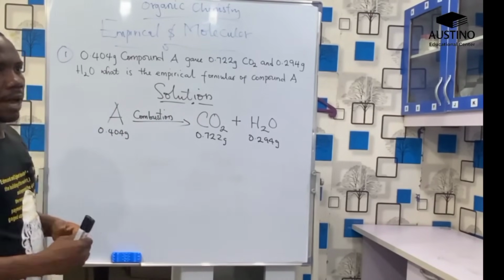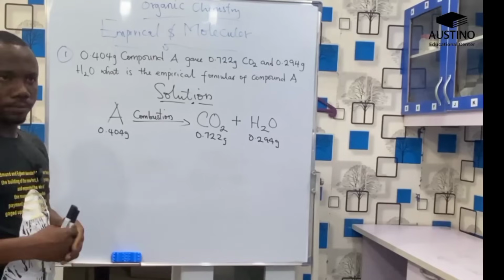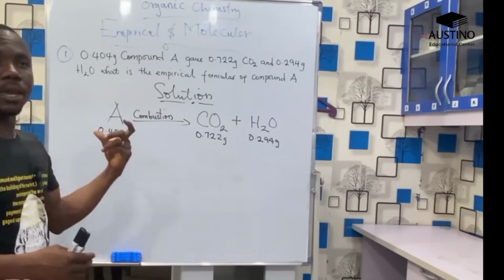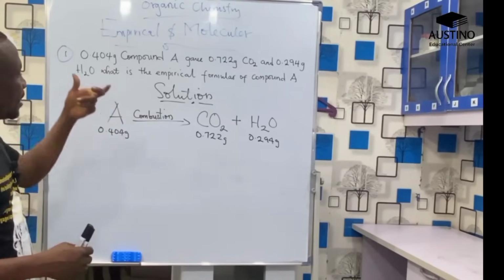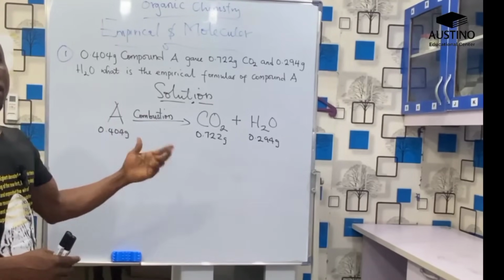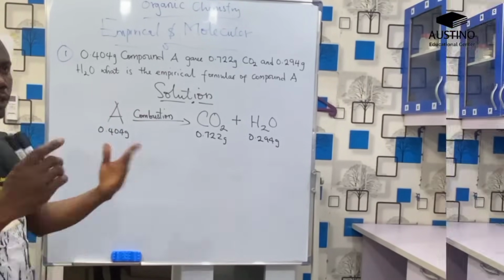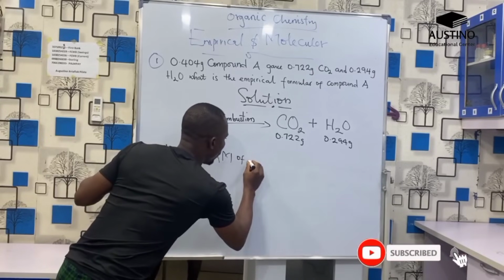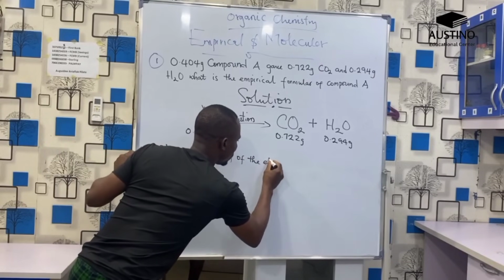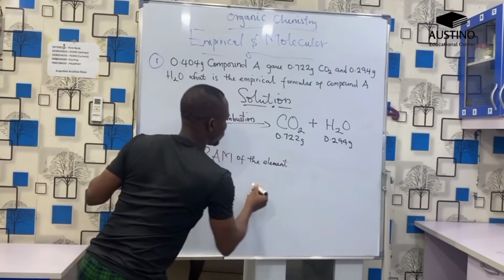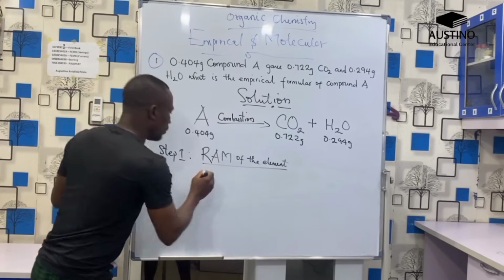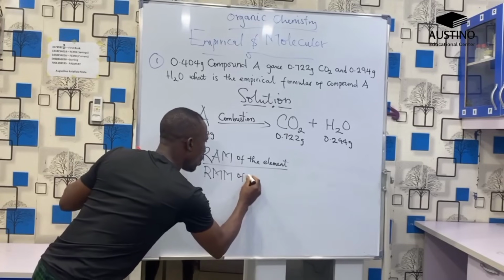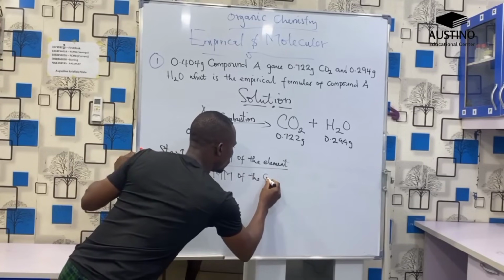From our previous video, we emphasized that for us to be able to get the empirical formula, there are three basic steps. Which one? The atomic mass of the element present, the relative molecular mass of the compound.